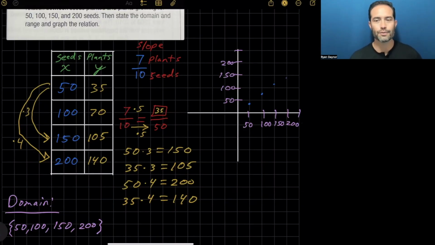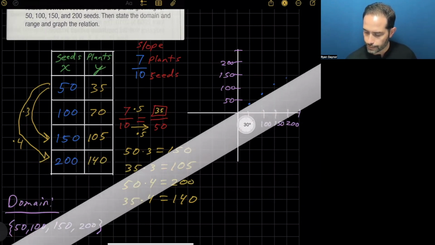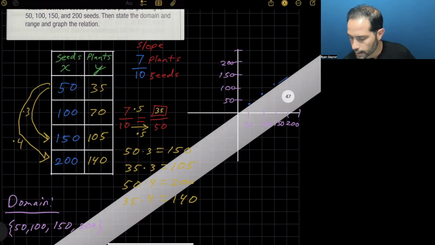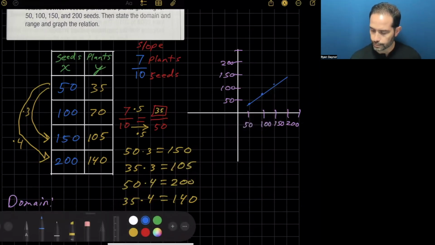Okay, now we're going to take our ruler. And as you can see, you have a nice line there. So we can see that this is going up the same amount each time.